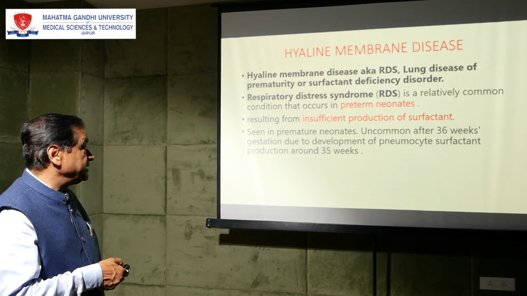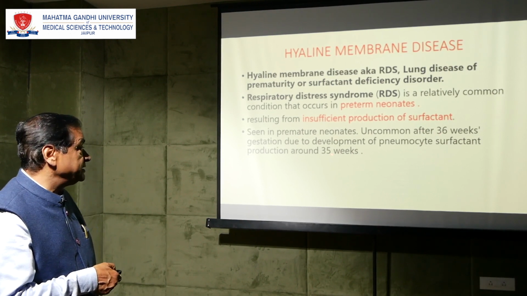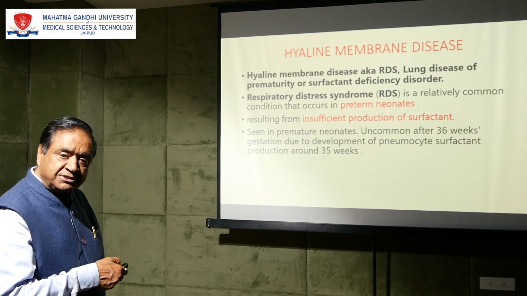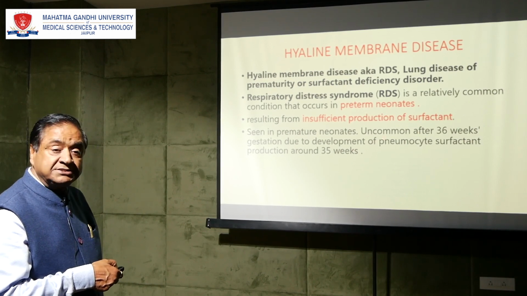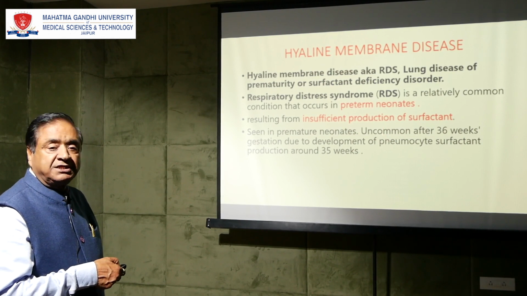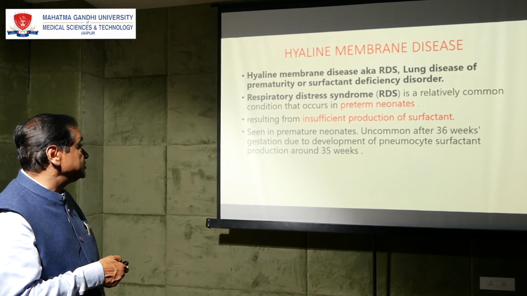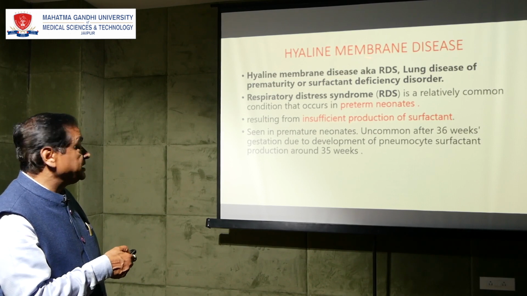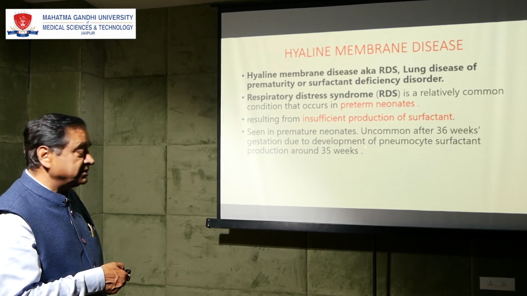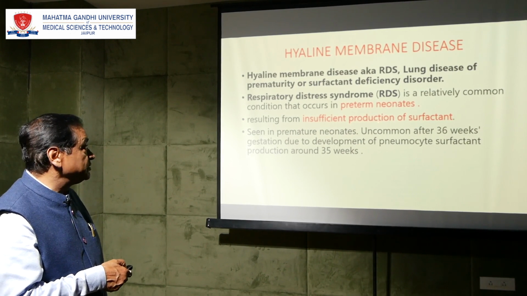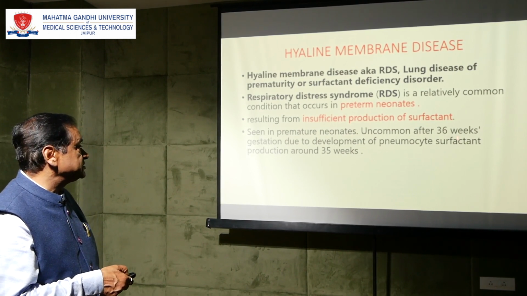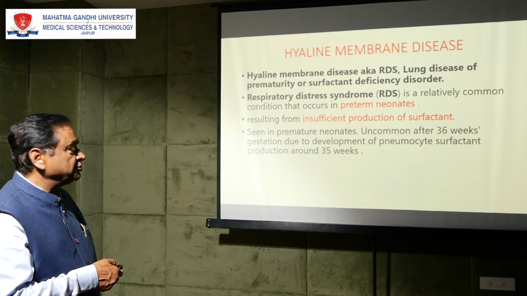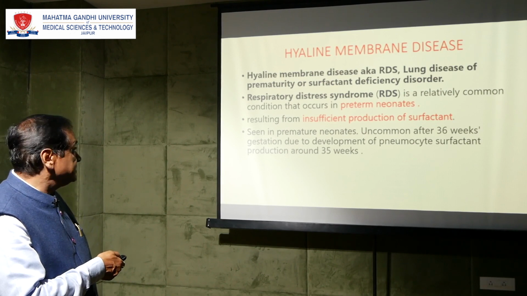This surfactant is developed at the age of 35 weeks of the fetus, and after that. Before 35 weeks, if the fetus is below 35 weeks, definitely there is no production of the surfactant. Hence, this disease develops. After 35 or 36 weeks, this disease does not develop because there is development of surfactant. Hence, there is an adequate amount of surfactant, so we don't find this hyaline membrane disease.